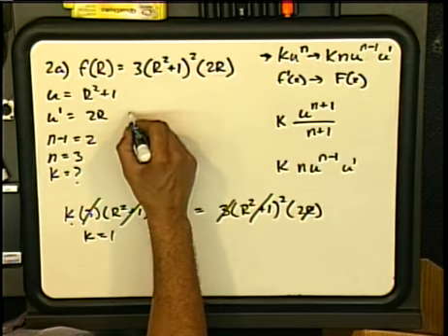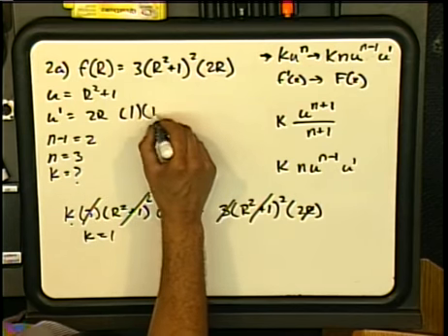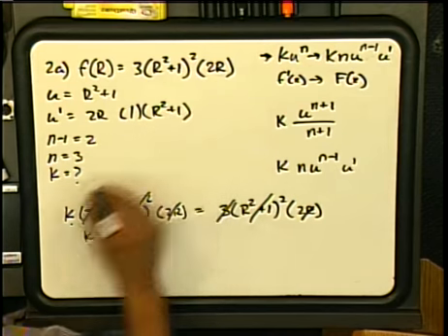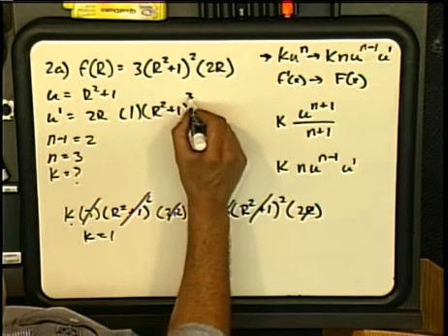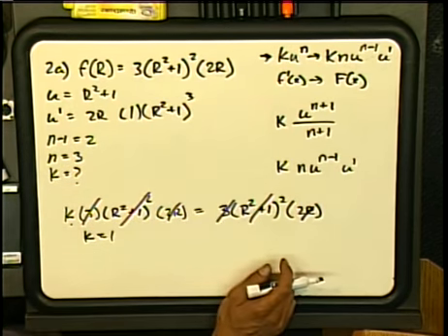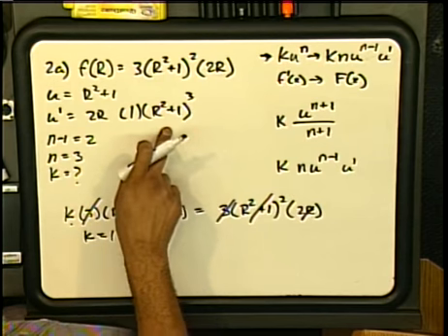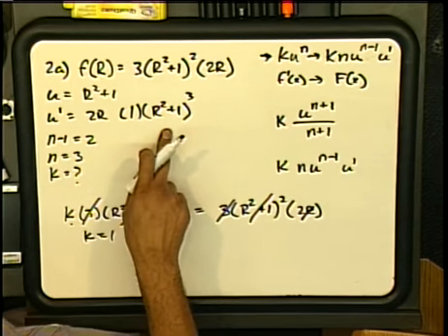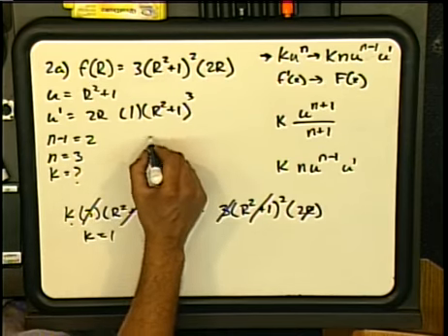K equals 1. We got U, R squared plus 1. N is 3. That's it. So this is our answer.